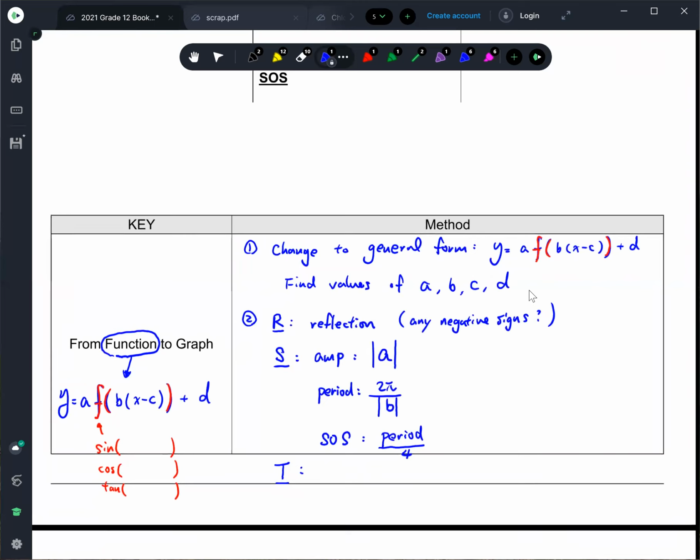Plus D. But what's the name? What's it called? I forgot. What did you write down? The last example we have translation. Instead of left by pi, what do we call it? I didn't write that part down.